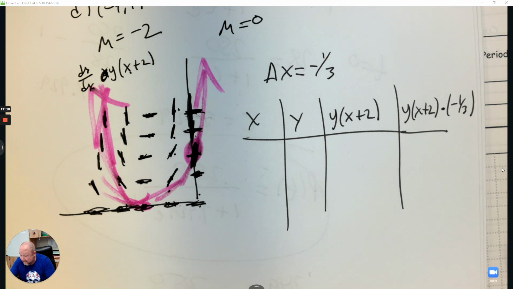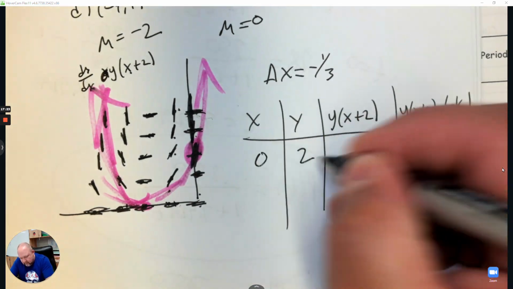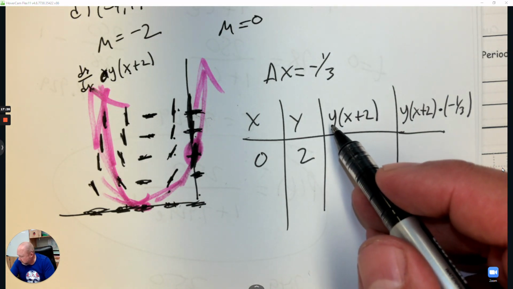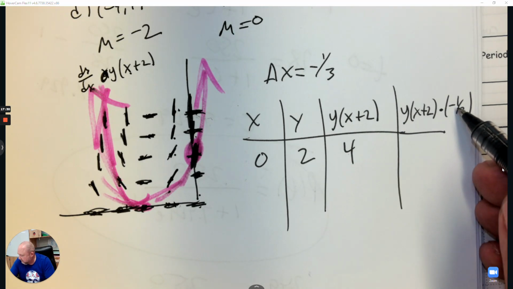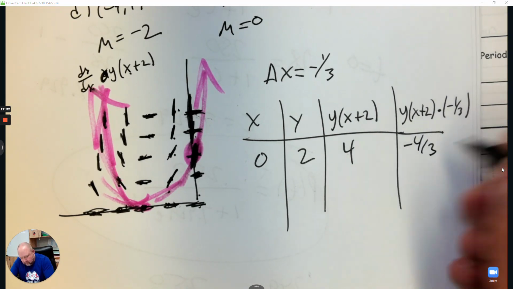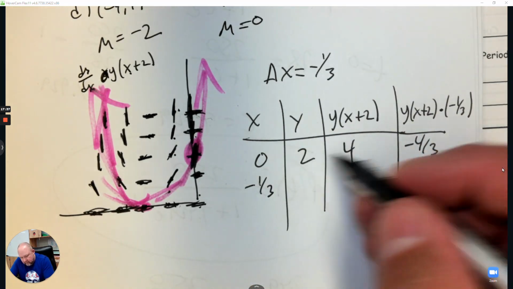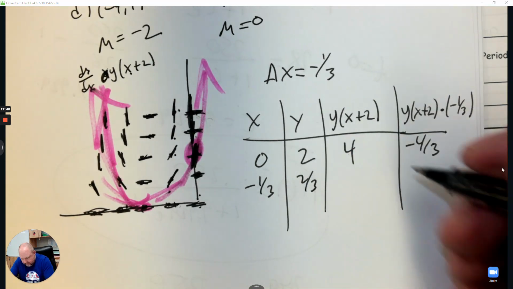We're going to start at the point (0, 2). If you plug in 0 and 2, the answer is 4. And then 4 times -1/3 is -4/3. So count down. So this is -1/3. 2 take away 4/3 is 2/3.